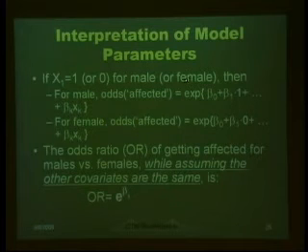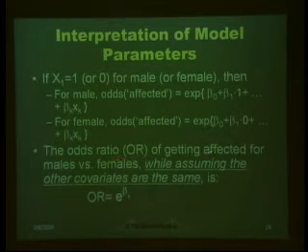We have male and female, male 1 and female 0. For males, based on the model, the odds is the exponential of this function. For females, x1 equals 0, so I just plug in x1 equals 0, so I get beta 1 times 0. That gives me 0.